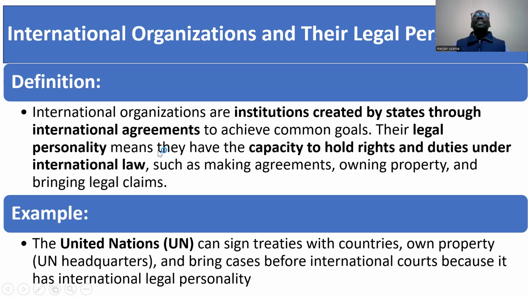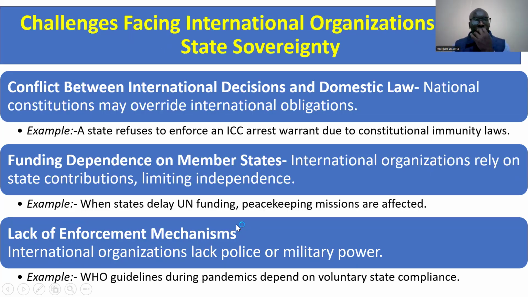Their legal personality means they have the capacity to hold rights and duties under international law, such as making agreements, owning property, and bringing legal claims. For example, the United Nations can sign treaties with countries, own property like the UN headquarters, and bring cases before international courts because it has international legal personality.